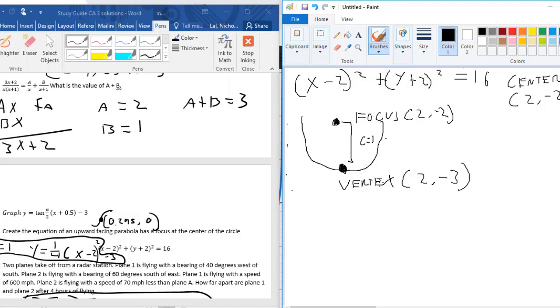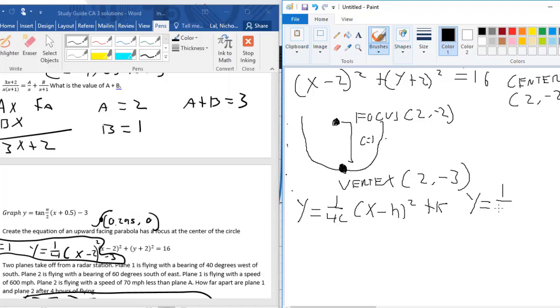That's all the information I need to find my standard equation of the parabola. Because the standard equation of a parabola is y is equal to 1 over 4c times x minus h squared plus k. So plugging in those values, y is equal to 1 over 4 times 1.